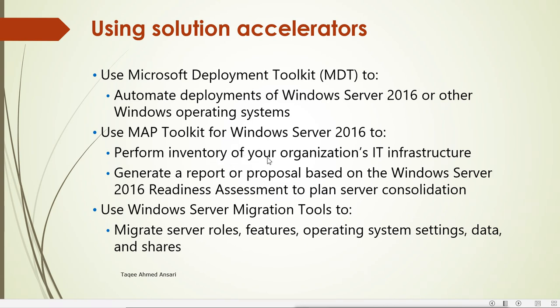It will check which applications and programs will be affected, and what you have to migrate, change or upgrade to support Server 2016. Then use the server migration tools to migrate.